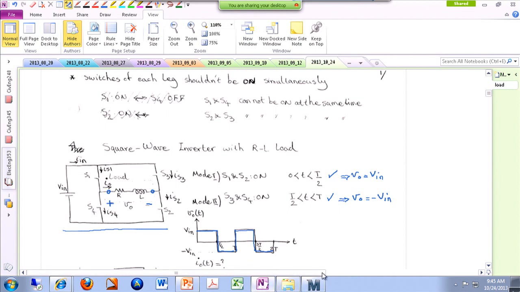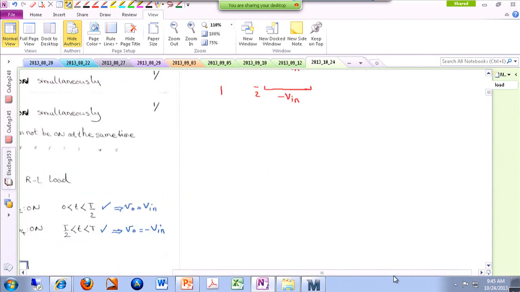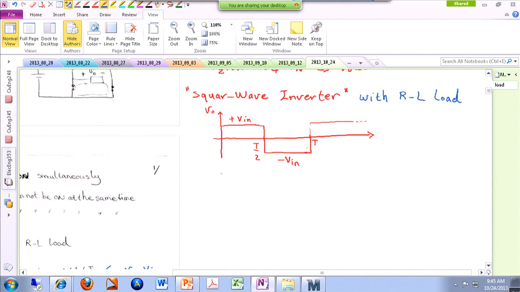So what we are interested ultimately to find is this current waveform. The current that passes through our resistor as well as our inductor, and they are both parts of our load. As it turns out, this is the waveform of output current. I'm going to draw it, then I'm going to explain where I got it from.